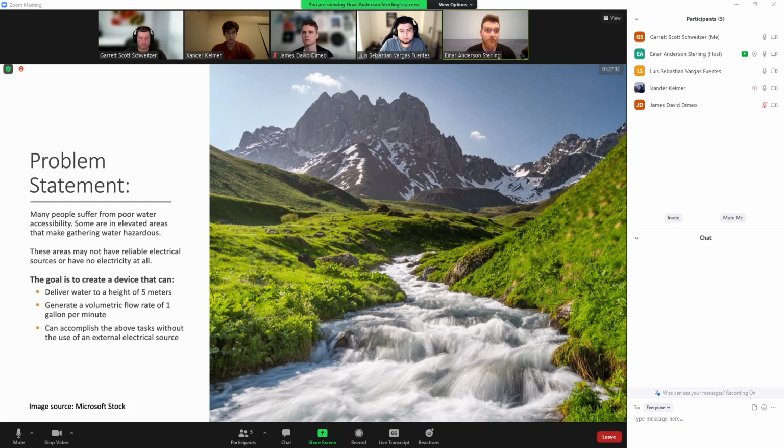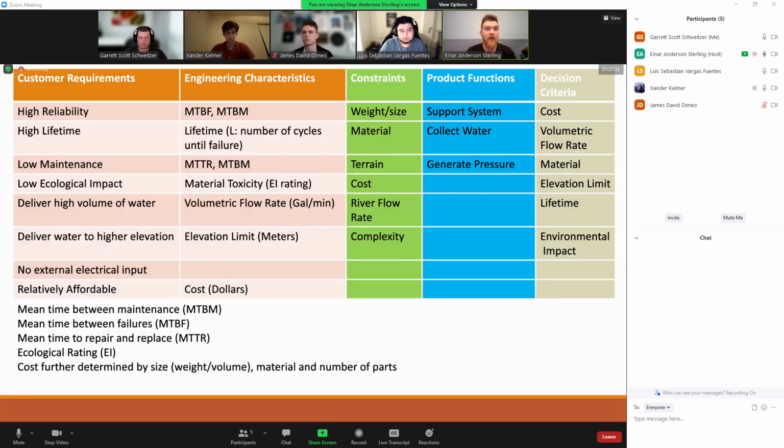source. So here we've highlighted some of the customer requirements and their associated engineering characteristics. We obviously have on this list what I just presented to you earlier, but we also found some hidden customer requirements, such as having a high reliability and high lifetime for the device that we're trying to create, and also to have low maintenance and low ecological impact.